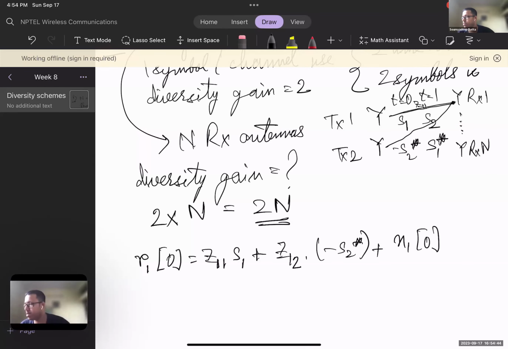In the second time instant, from the first antenna I'm sending S2, and from the second antenna I'm sending S1 star, and some noise. Here I'll assume that the channel is known.